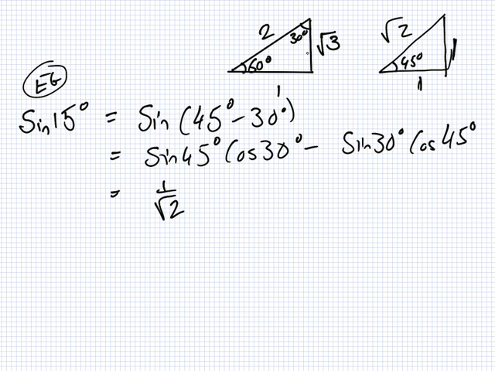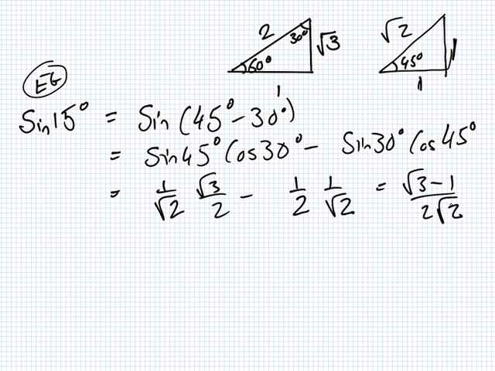Cos 30 is root 3 over 2. Sine 30 is root 3 over 2. No, it's not. It's 1 over 2. And then cos 45 is 1 over root 2. So this is root 3 minus 1 over 2 root 2.